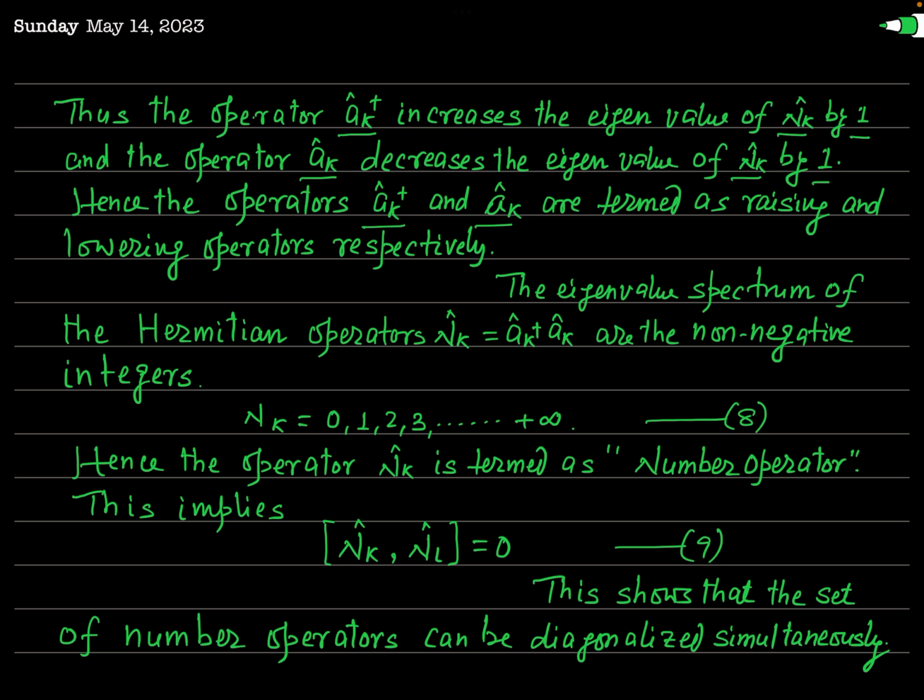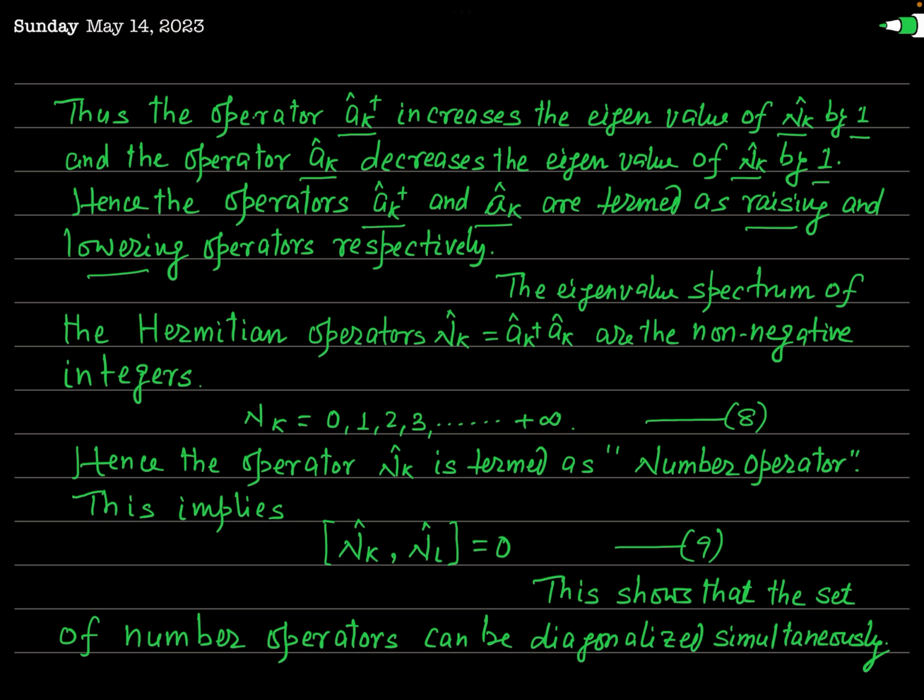In other words, ak dagger is the raising operator and ak is the lowering operator, because ak dagger raises the eigenvalue by 1 and ak lowers it by 1.